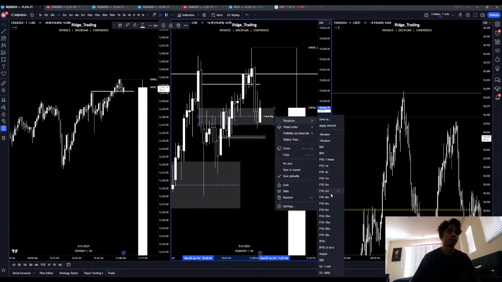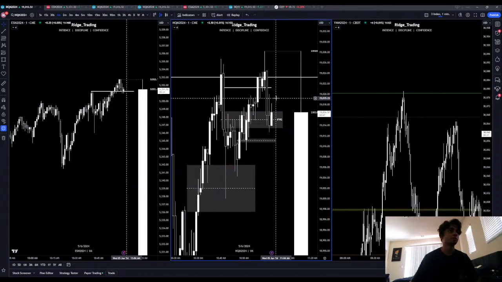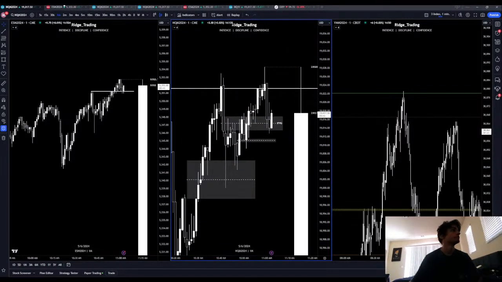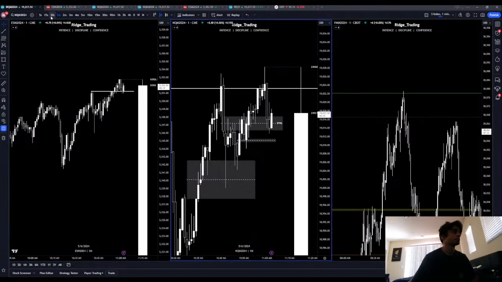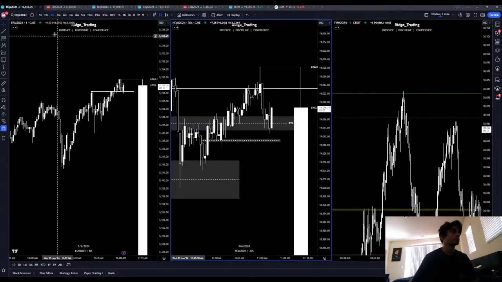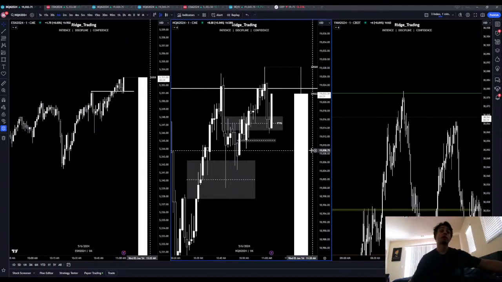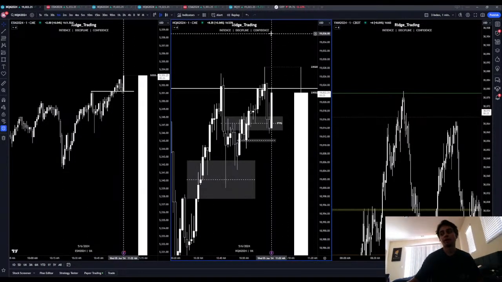One minute IFVG might hold. We'll see. If we're gonna get a reversal, guys, I would want to see that happen in the next like 15 minutes.